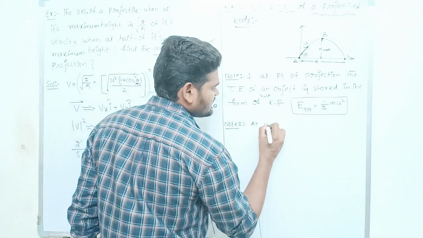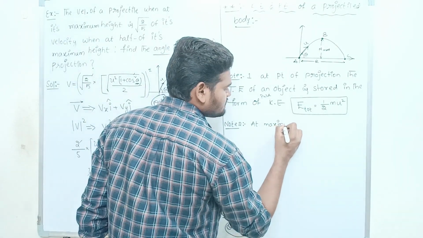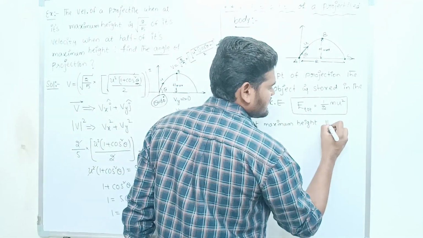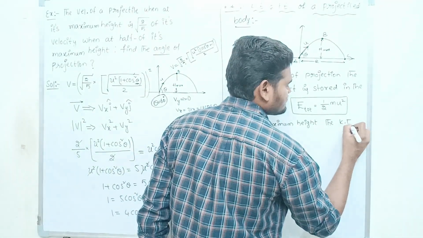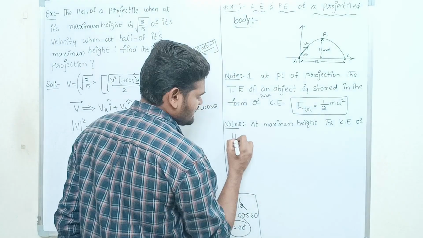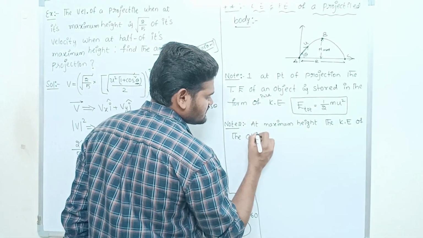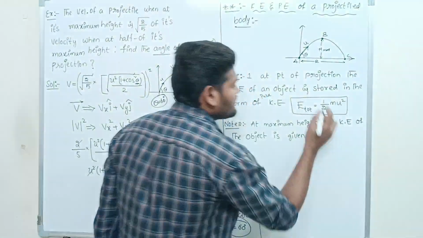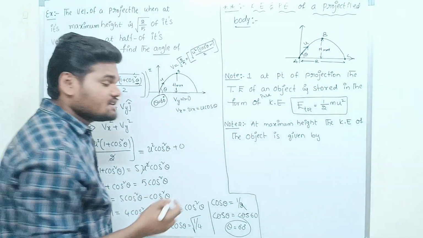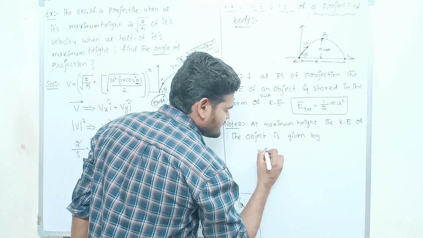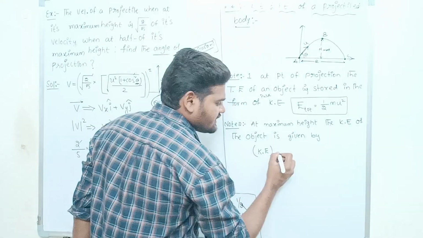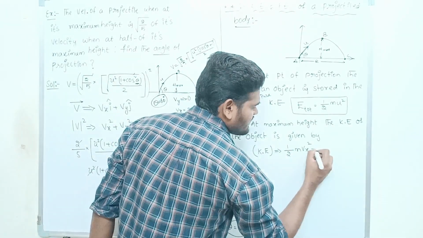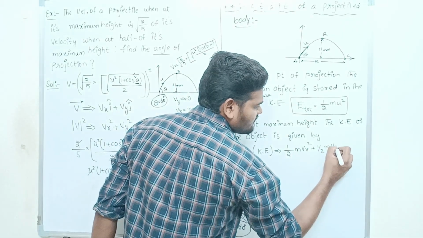At a maximum height, the kinetic energy of the object is equals to half m Vx square plus half m Vy square.